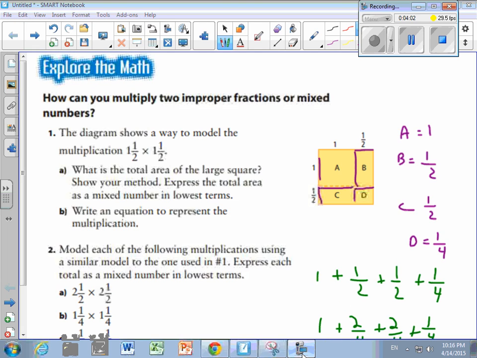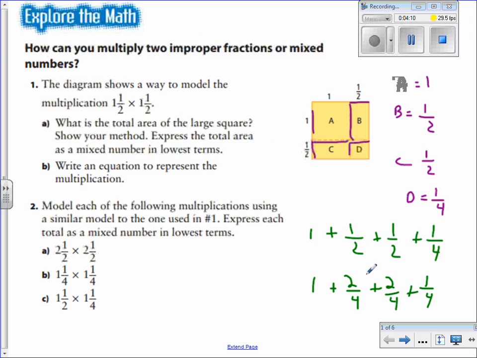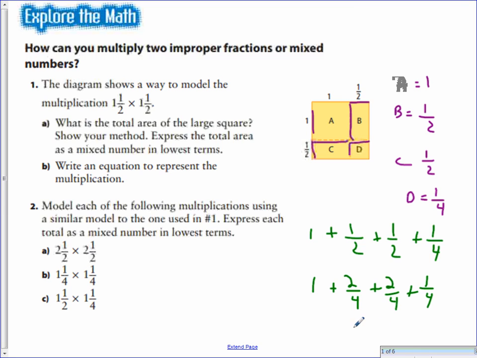Okay, so let's do that now. I've got 1, so 2/4, 4/4, that's 1 whole already, 5/4. So that gives me an answer of 1 and 5/4. Problem is I can't have an improper fraction in a mixed number, so I have to get rid of that.